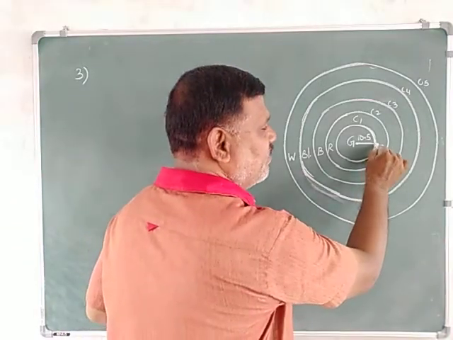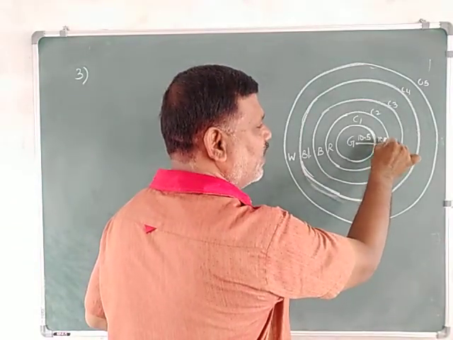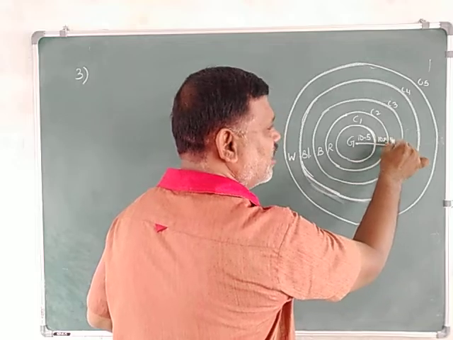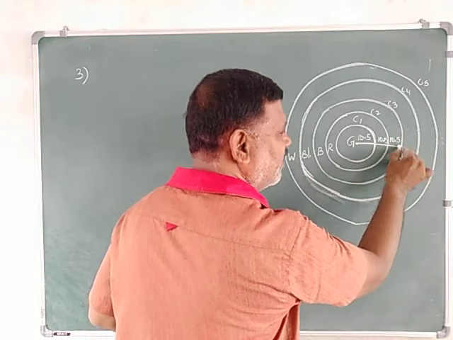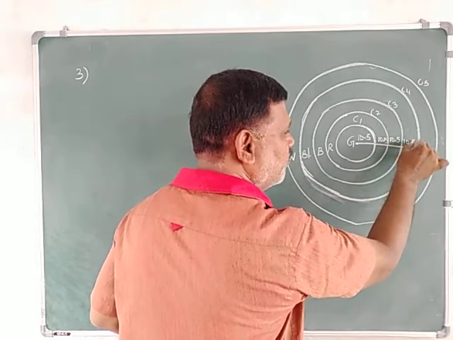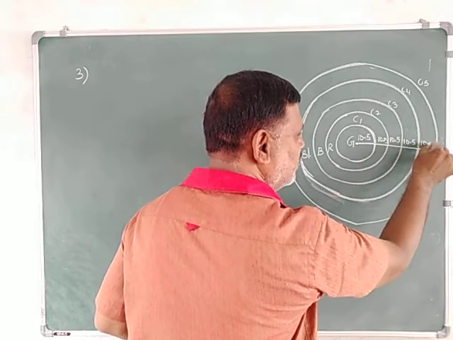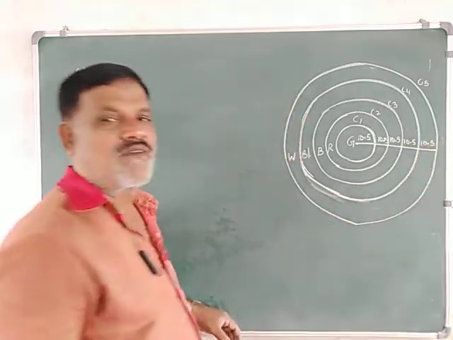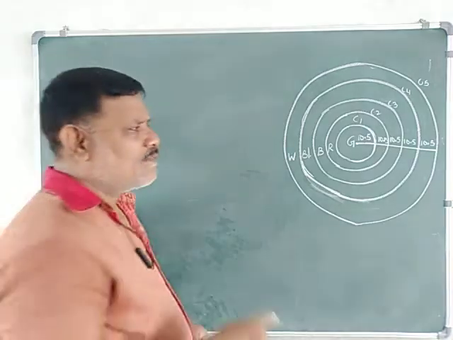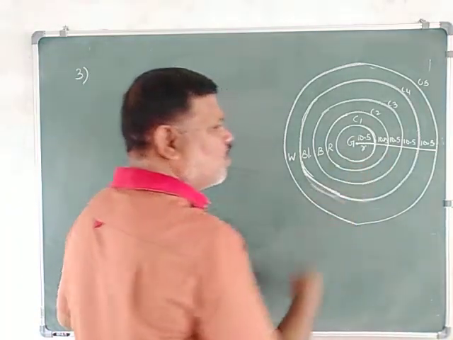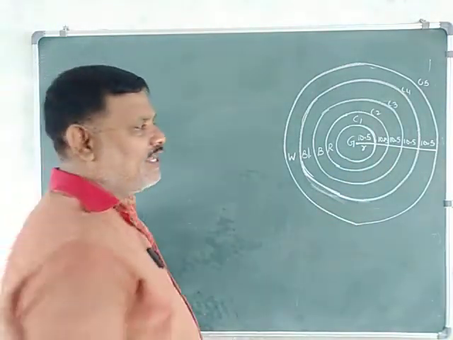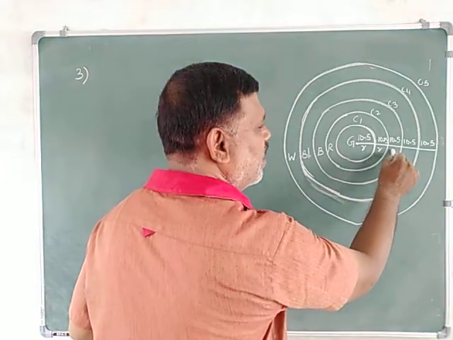That means the width here will be again 10.5. Again this width also is 10.5, this width also 10.5, and this width also 10.5. So the circles are of equal width. Suppose we take the radius of the golden circle as r, then this width also will be equal to r.